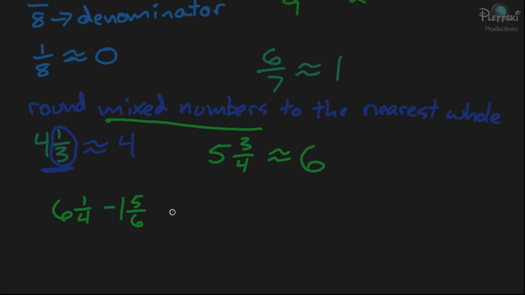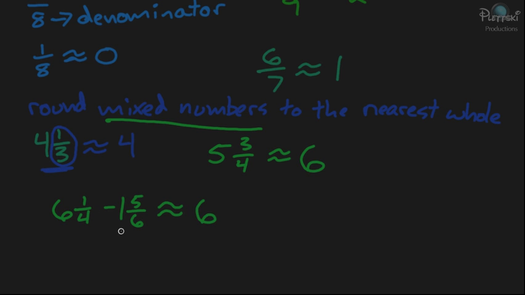We're going to use rounding, and then we're going to estimate what the answer is going to be. So 6 1/4. Look at the 1/4. The 1 is not very close to the 4. It's pretty small. So we can round the 6 1/4 down to a 6.